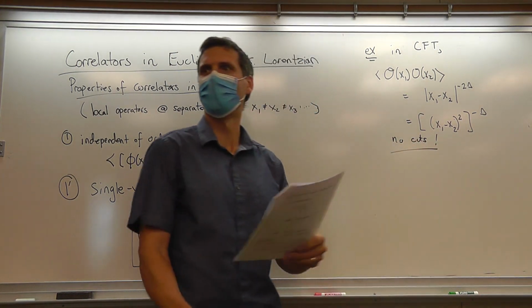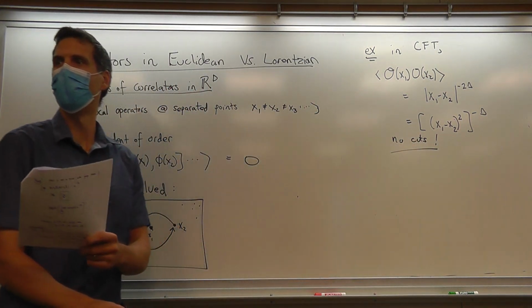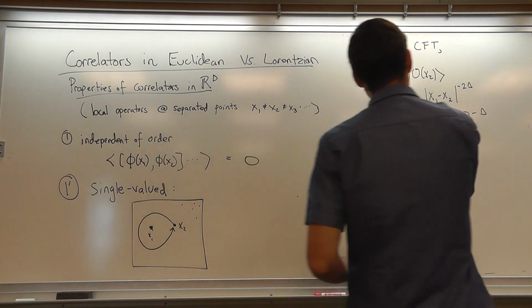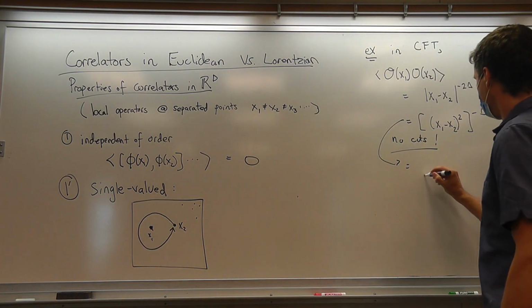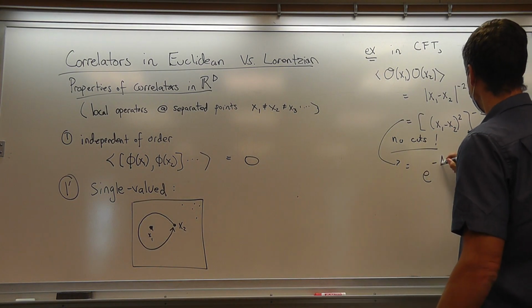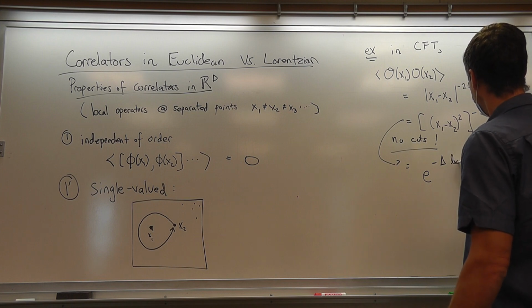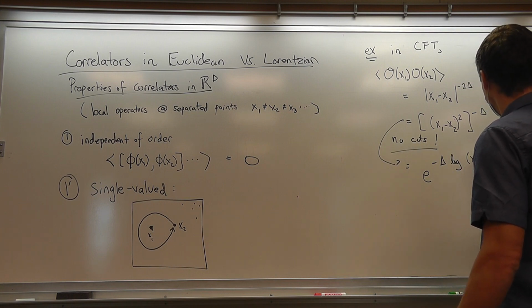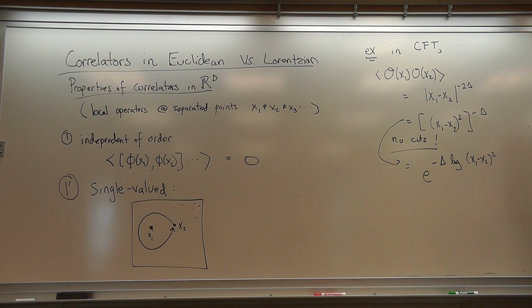Could you explain why positive distance implies no branch cuts? Yeah, so this is e to the minus delta log of (x1 minus x2) squared. And log has a branch cut, so we have to be careful with that and worry about it.